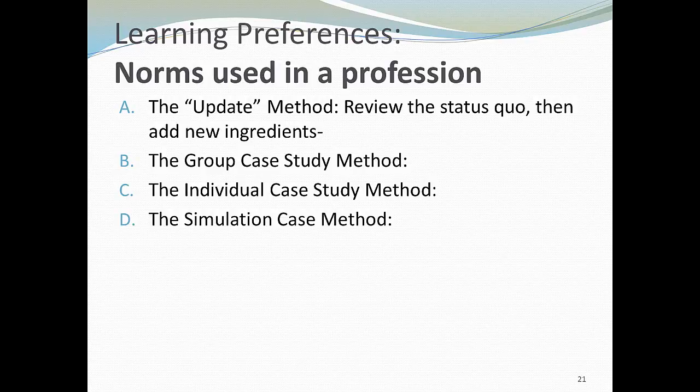There's the group case study method, where a group of people gets together and talks about a case, and maybe different professions have different perspectives on the case. Individual case study, where you're maybe working alone, self-directed. And then simulation case method, where you're really jumping in, and maybe it's a standardized patient in our sim center working with you, so that you really have that high fidelity experience. Those may vary across the preparation each of us had to get into our job.